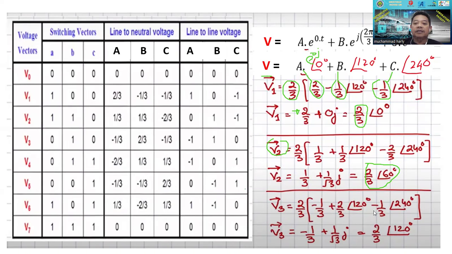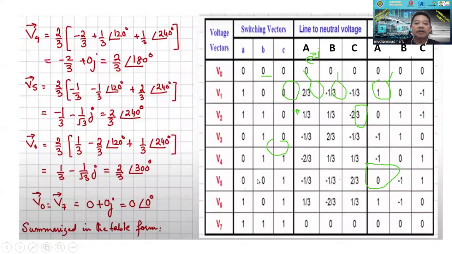Right, then the calculation is complete, and finally we get it like this. But you should note that this is taken from our calculation before, from the experiment.